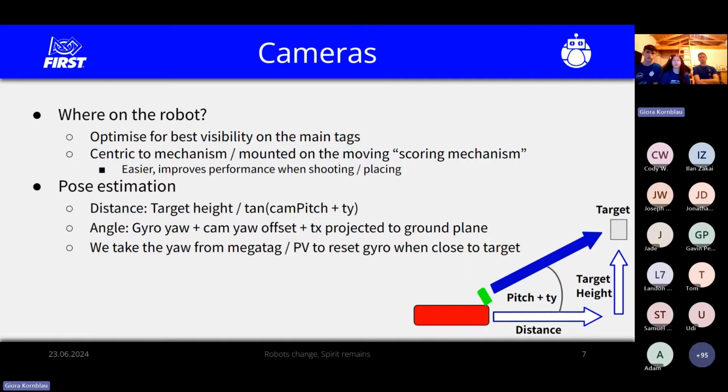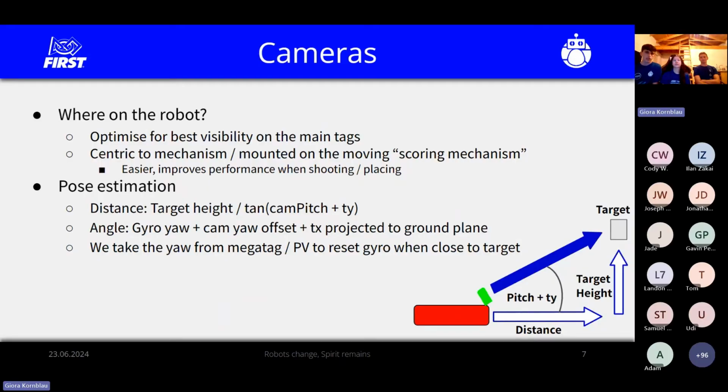This calculation is done by solver algorithms like solvePnP or the MegaTag in Limelight. The problem with it is that it's noisy and it's really sensitive to movements and to any displacement of the camera's position.